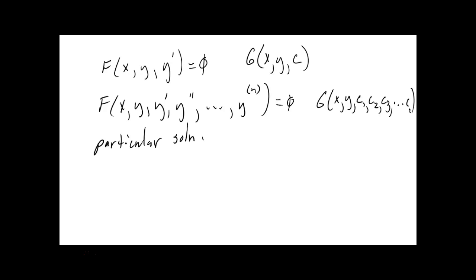The parameters in a family of solutions like this, those are the c's, are arbitrary up to a point. For example, it says as in 9. Where is equation 9? I don't see 9. We haven't gotten to 9 yet.